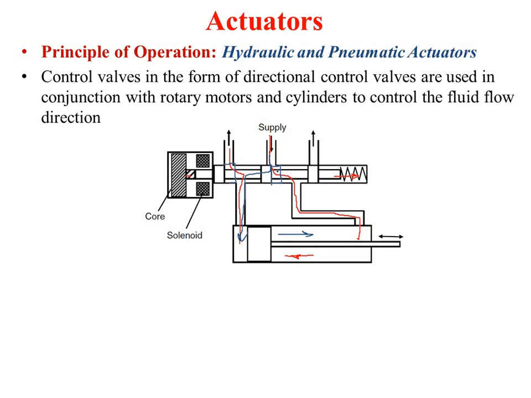Since this path is closed, whatever liquid or fluid is there will move from this end to this end. So this valve is open, so this pressure will move this fluid in this direction, so that will be the exit for this portion, and this will be the exit for this portion.